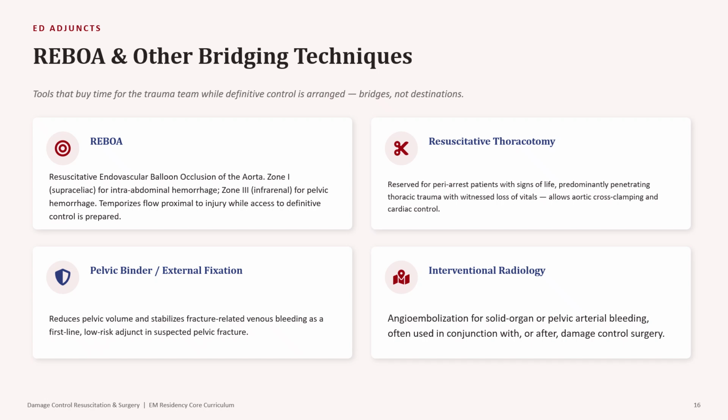Application of a pelvic binder or external fixation reduces pelvic volume and stabilizes fracture-related venous bleeding as a first-line, low-risk adjunct in suspected pelvic fractures. Resuscitative thoracotomy is reserved for peri-arrest patients with signs of life, predominantly penetrating thoracic trauma with witnessed loss of vitals.